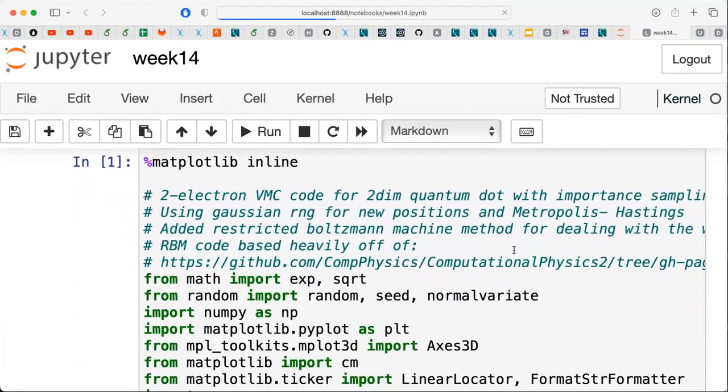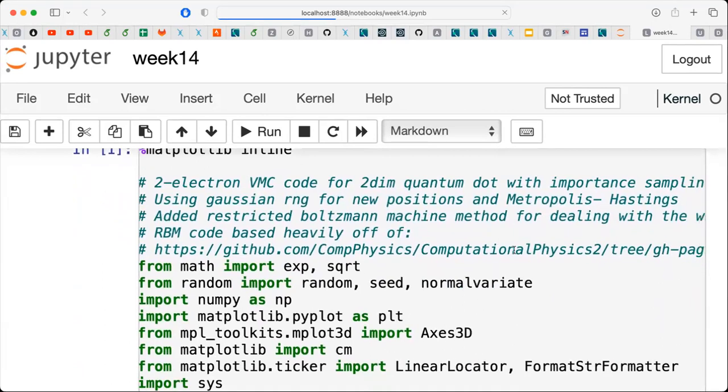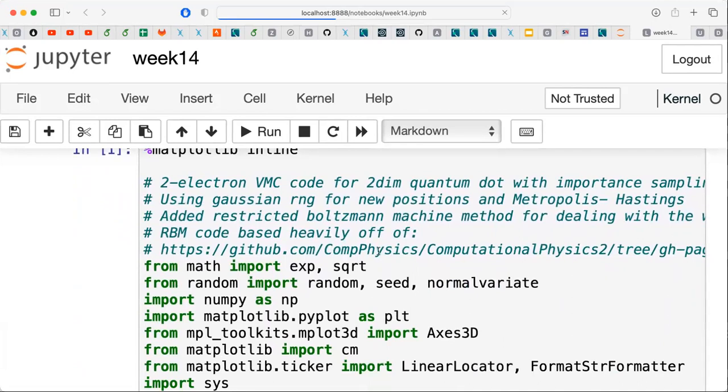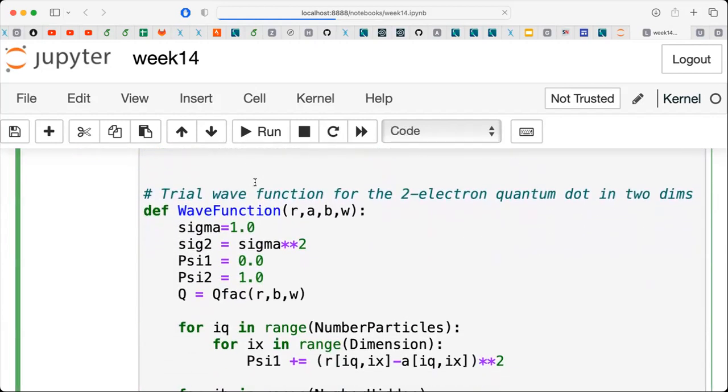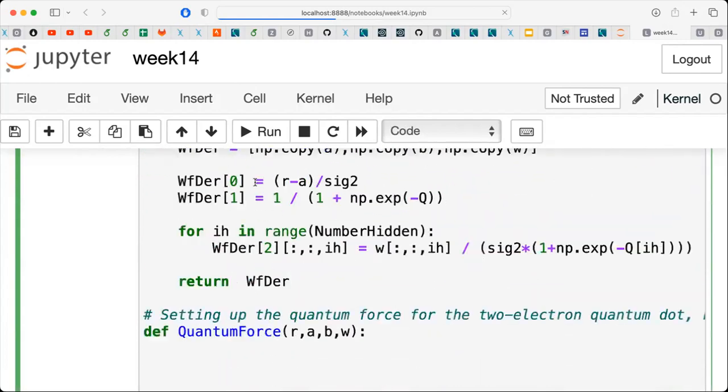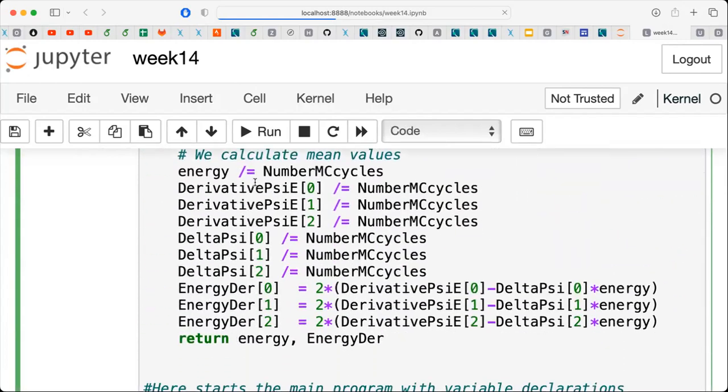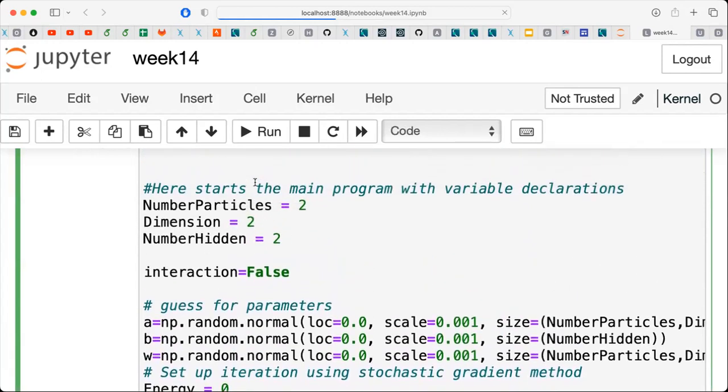So the program which you find here is actually just an adaptation of what we had when we discussed project one. And I didn't give you the boson problem in project one, but I looked all the time at the 2-electron problem. So what we need to do now is to first define, so let me just scroll down here and show you the kind of setup which we need.